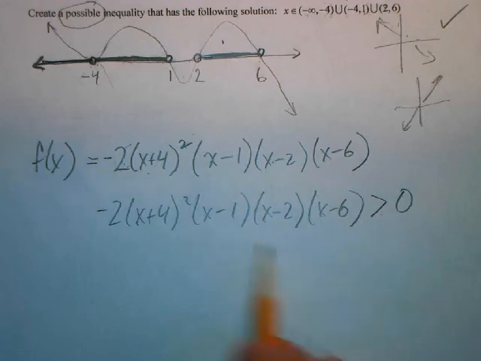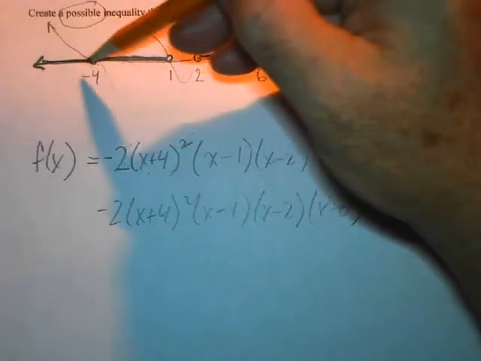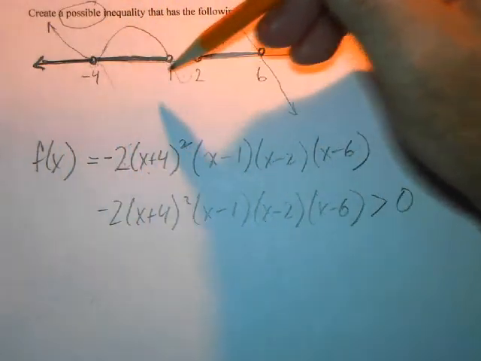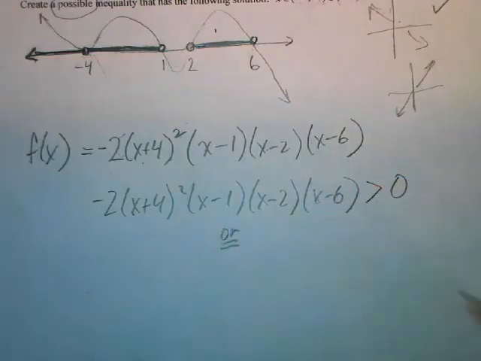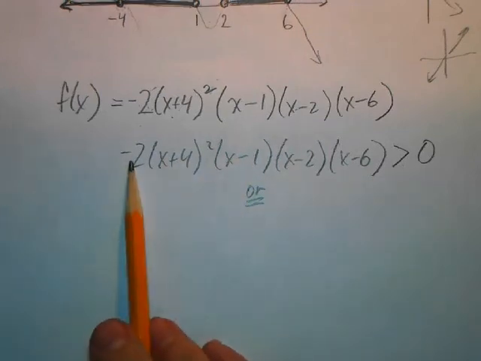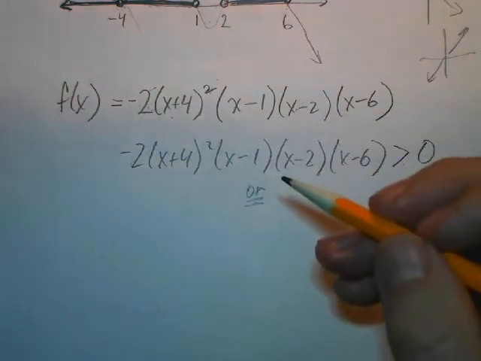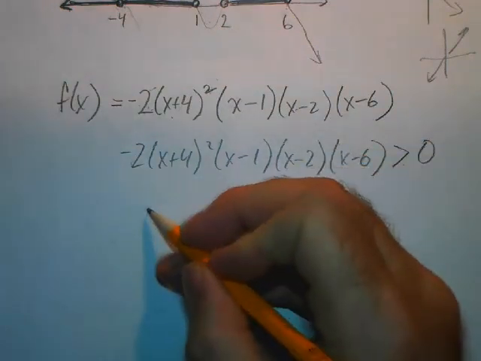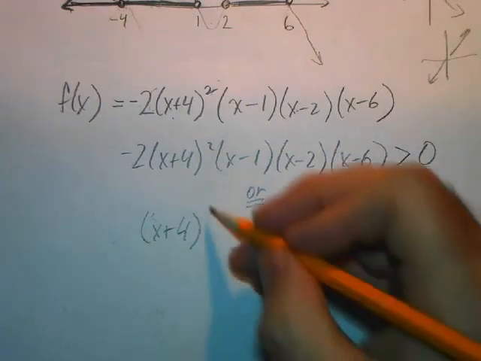Okay. Now, one thing I can do here, remember I said you could either decide to have your graph above or below, and you're looking for negative values. So here's another solution to this, very similar, and it all comes from what if I divided both sides by negative 2, then my secondary inequality would be this.